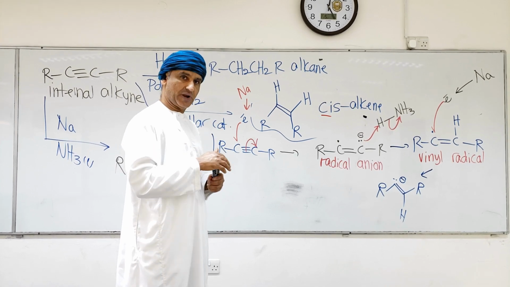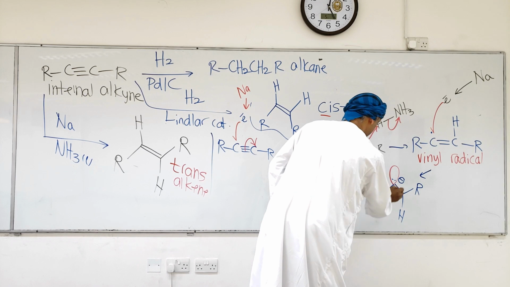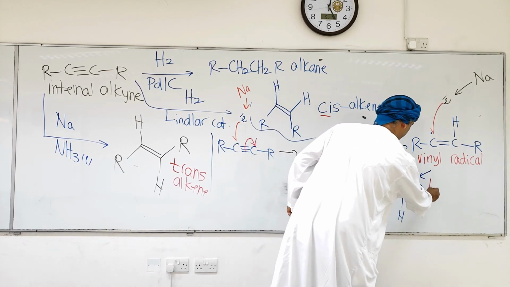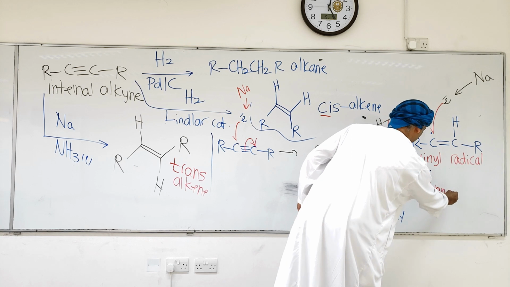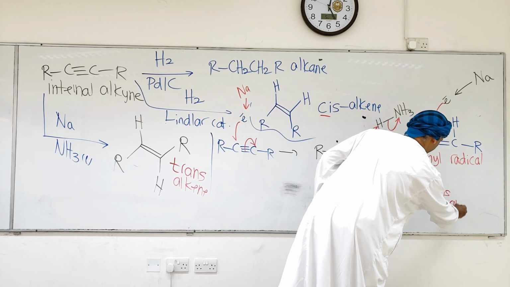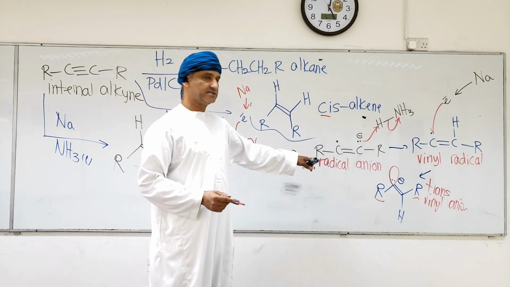So we can view it like this. The two R groups will be opposite to each other. So this is the trans vinyl anion, which adopts this geometry because it is more stable.